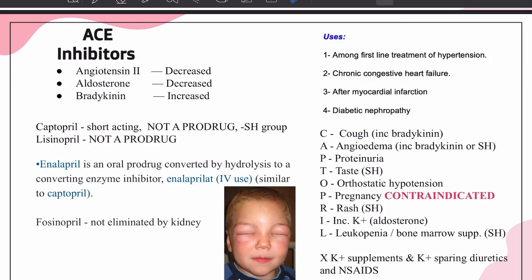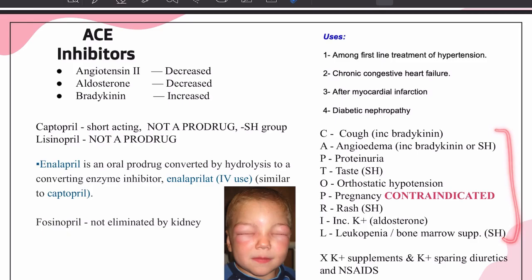So if I'm dilating the blood vessels, I'm also decreasing my afterload, so the heart is pumping against less pressure, so I can increase the ejection fraction to a certain degree. Regarding myocardial infarction, it has some effects in preventing apoptosis and some effects in preventing remodeling of the heart, so that's why it's used. You'll cover this more when you are in the weeks of the respective disease. But diabetic nephropathy, also a similar concept of vasodilation and preventing remodeling and fibrosis.